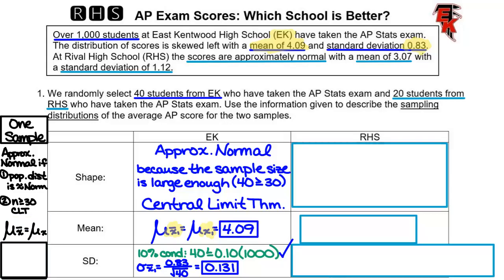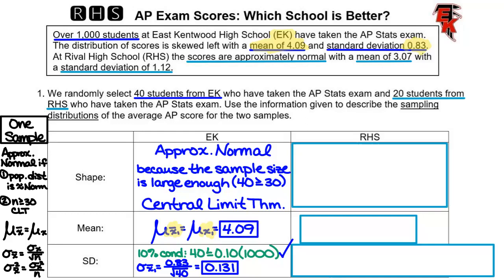The mean for the sampling distribution will be the same as the mean for the population. The standard deviation for the sampling distribution is the standard deviation of the population divided by the square root of n. And so then my variance, standard deviation of the sampling distribution squared, would be the variance of the population, standard deviation squared, divided by just n.